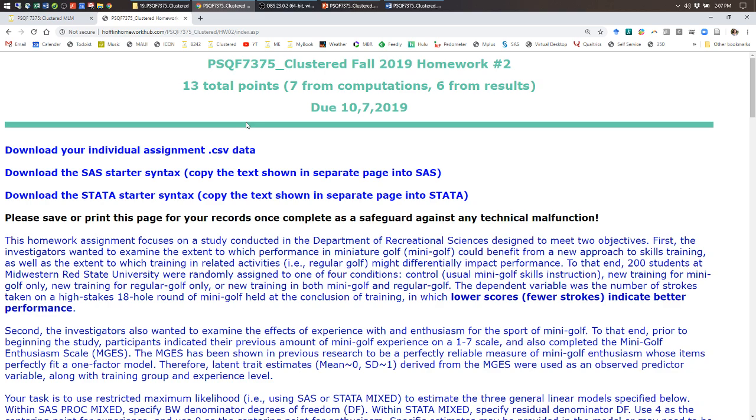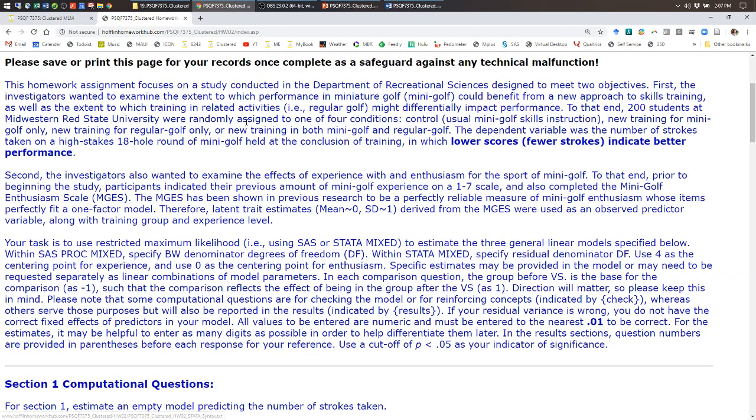Yes. Like it says, centering at 4 something. Yeah, so there's two continuous predictors. One is enthusiasm, which you can leave uncentered because the mean is already near 0, and experience you're supposed to center at 4. Because when I was doing the assignment, originally I thought I have to center at 4.